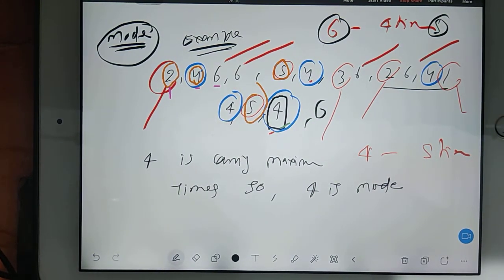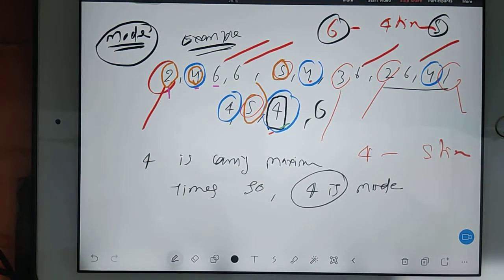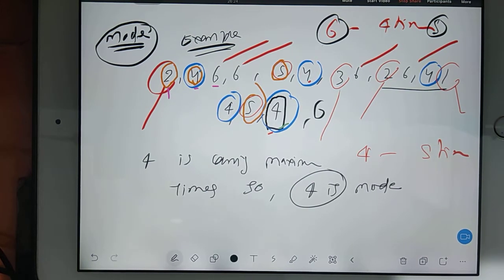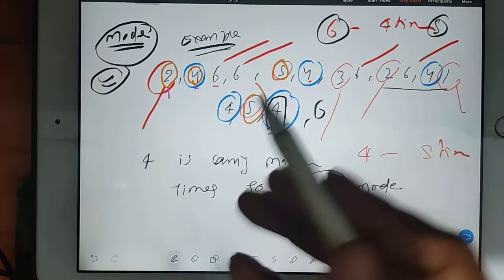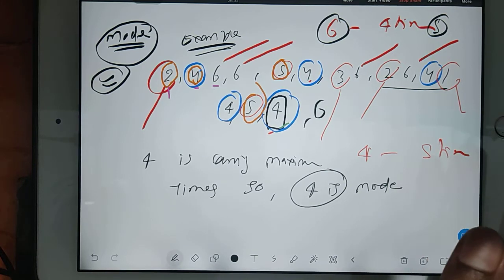So in a given set of data, if 2 or more values occur the same number of times, then a unique mode will not exist. Here only 4 is the single mode. Again, no need to go into more detail; this much is enough to recall what mode was in our childhood. Now we'll go for median.